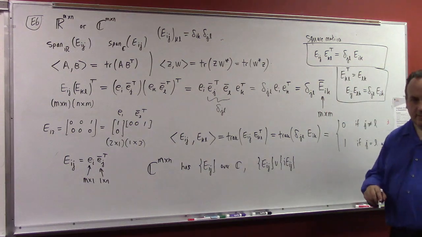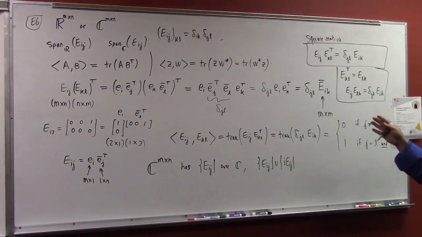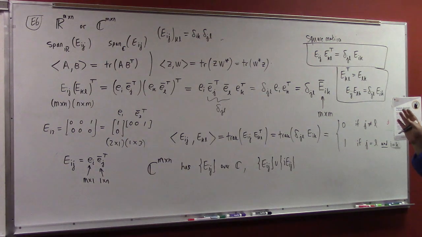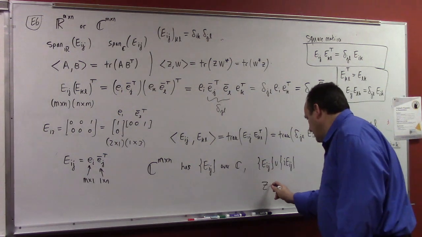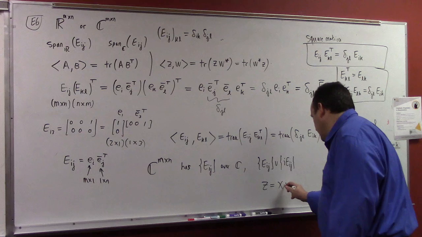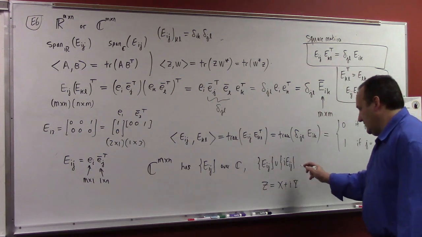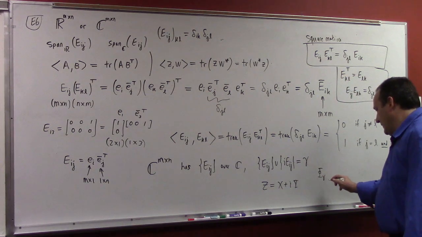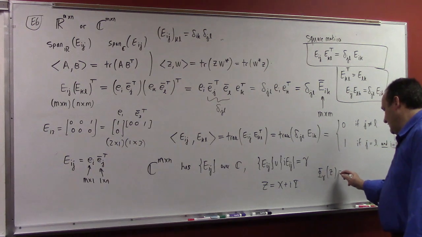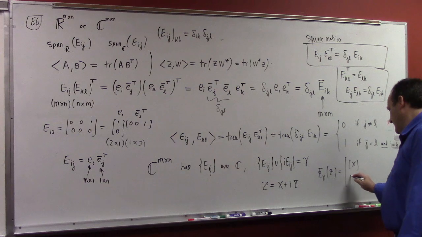Depending on how you order the matrix units, if your matrix was Z equal to X plus iY, where X and Y are real matrices, then if this is your gamma basis, you'd have something like phi gamma of Z would be your coordinate vector for X and your coordinate vector for Y.